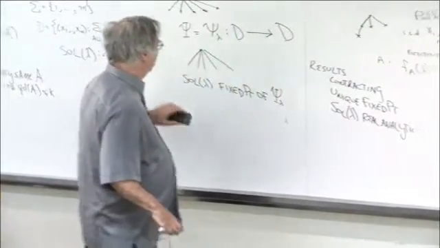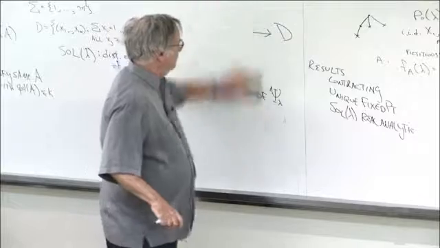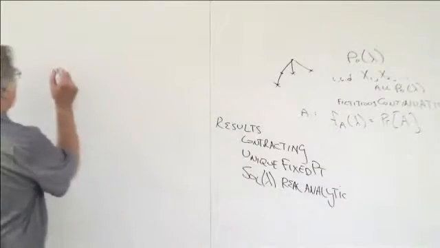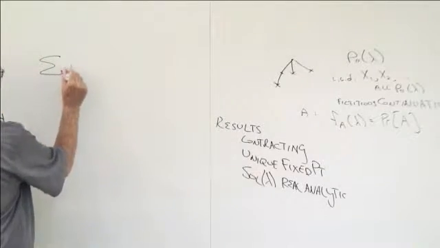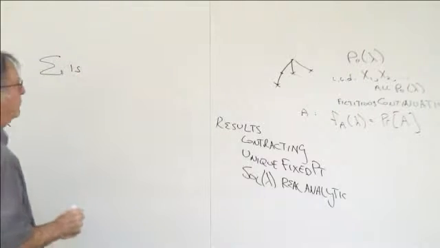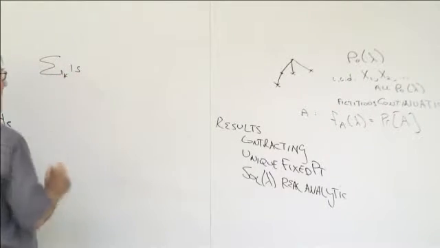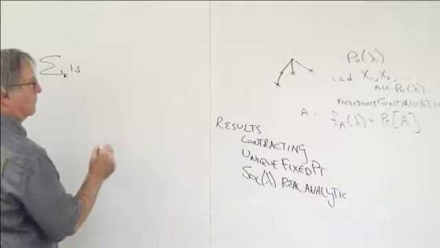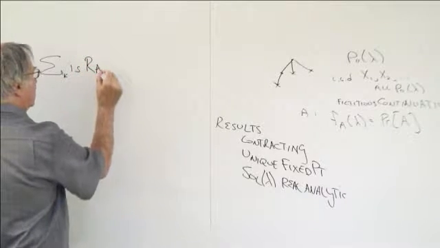And the claim is that sigma, depending on k, is rapidly determined.